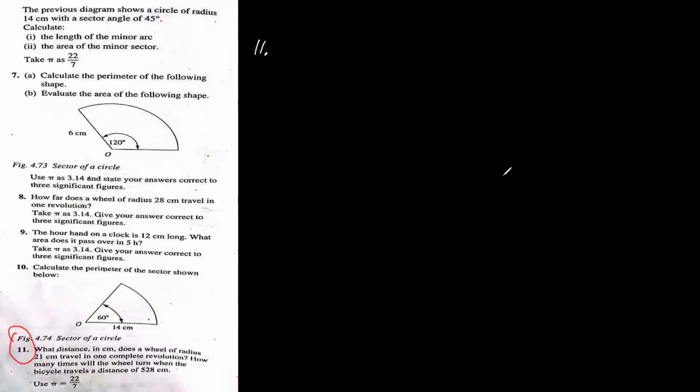Oh, they asked to give the answer to three significant figures, somebody's saying. So it would have been 177. Thank you, Matthias. For the textbook, is it volume 1 or volume 2?